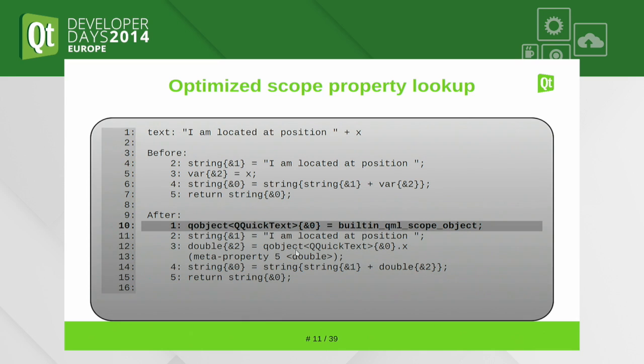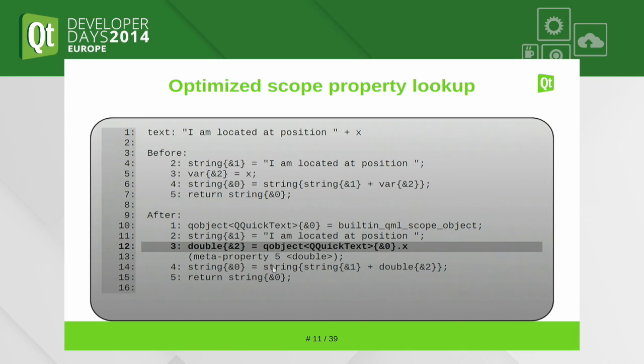And again, from this object that we've received earlier, we can look up the meta property number 5, please. We don't have to ask, give me the property with the name x. We can say, oh, give me property number 5. That is going to be the text. And importantly, we actually know that it is a double.